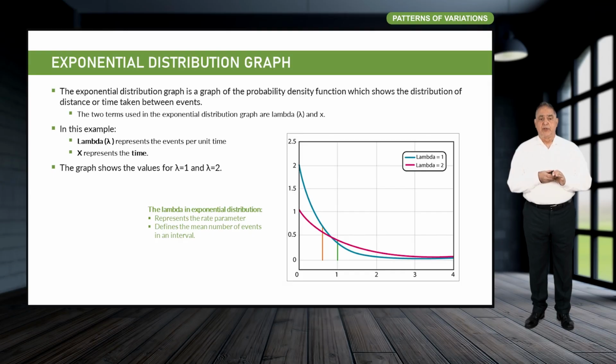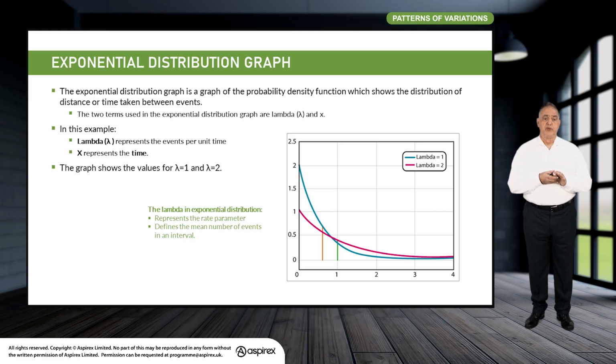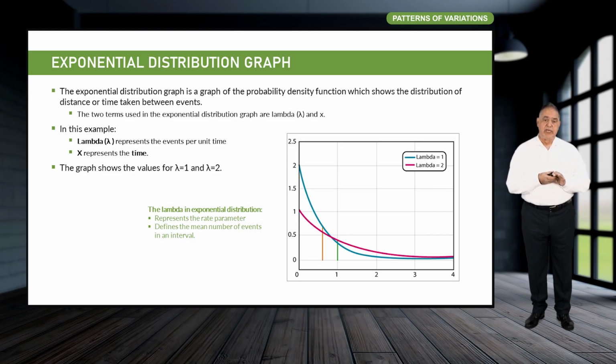When we refer to the graph associated with this probability distribution, the probability density function shows the distribution of the time taken between consecutive events.